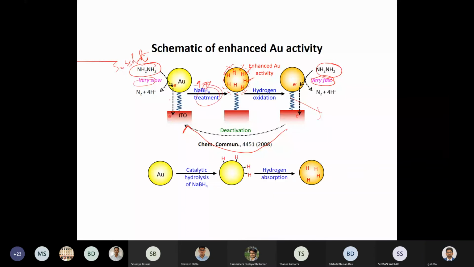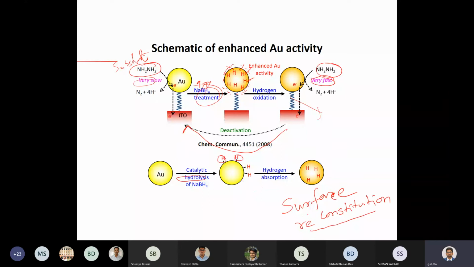Okay, so what's the mechanism? Sodium borohydride hydrolyzes and forms hydrogen atoms. These atoms can adsorb or absorb on the surface, and because of that there is one term I will mention: surface reconstitution.